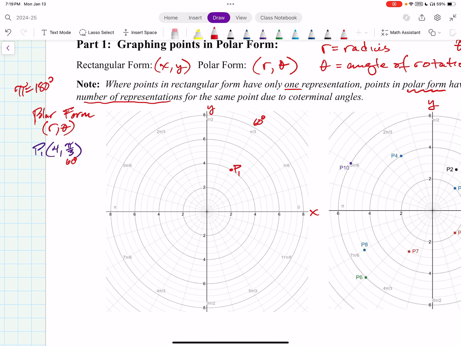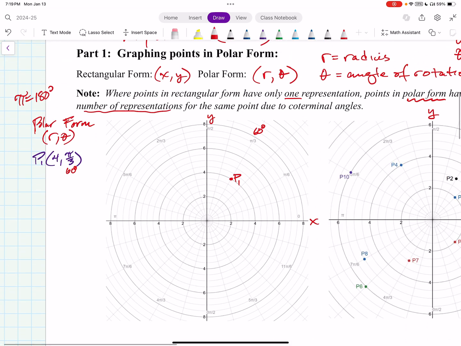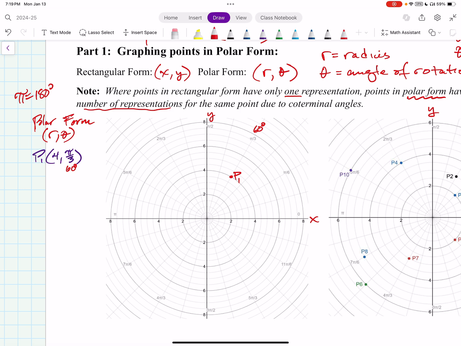Speaking of that, you have to get good at radians. Notice that my graphs are in radians mostly, except these guys down here, they're in degrees. But you have to know angles in both radians and degrees. The ones that are multiples of pi fourths, or 45 degrees, are not labeled, so we should probably label them. Grab another pen and let's label. Up here, this point is at pi fourths.